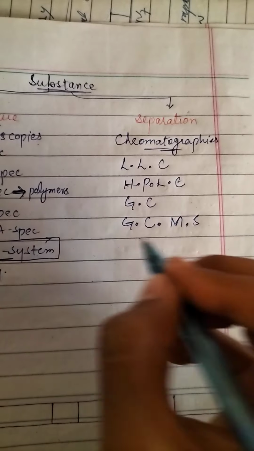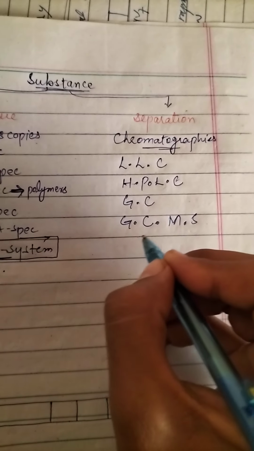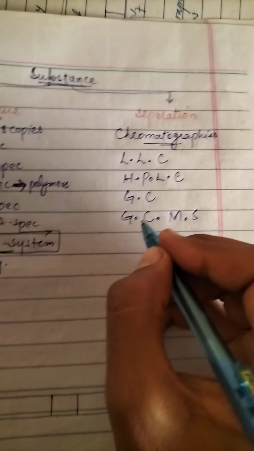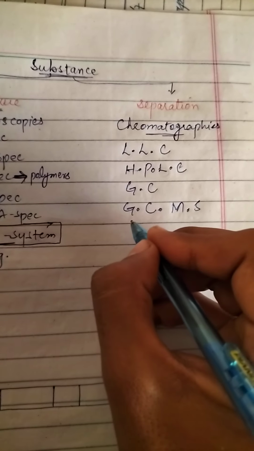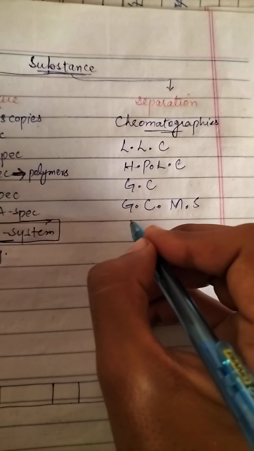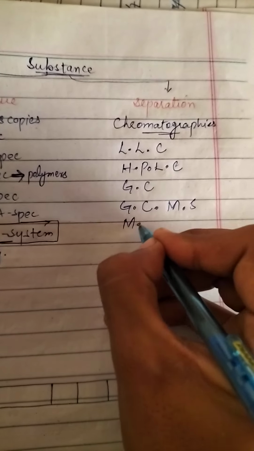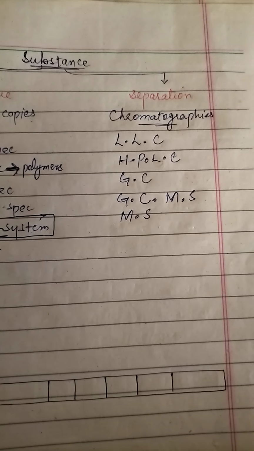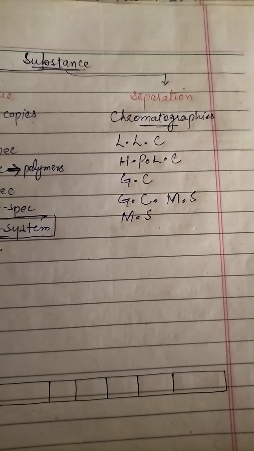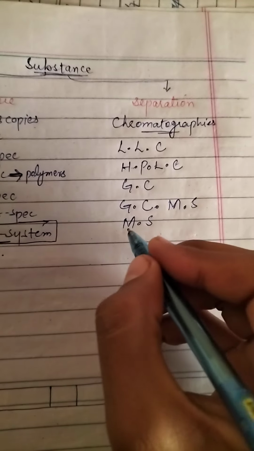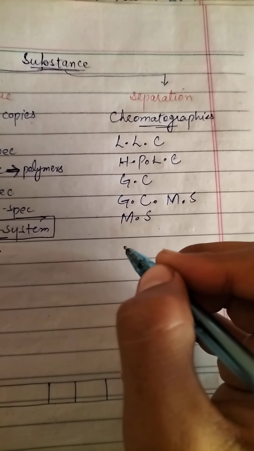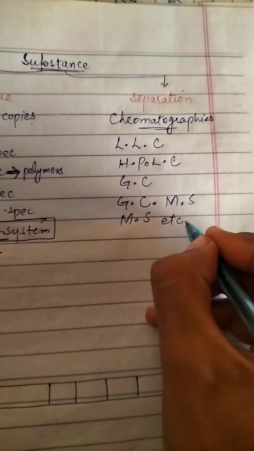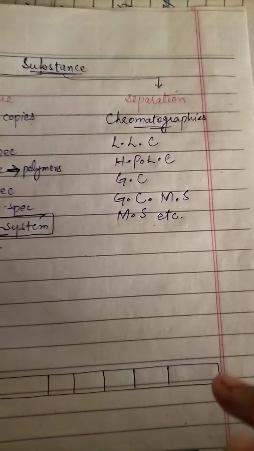GC stands for gas chromatography, and GCMS stands for gas chromatography mass spectrometry. A number of other chromatographies can be used to separate the substance from the sample, such as ion exchange chromatography and gel electrophoresis. That's why we write etc. here.